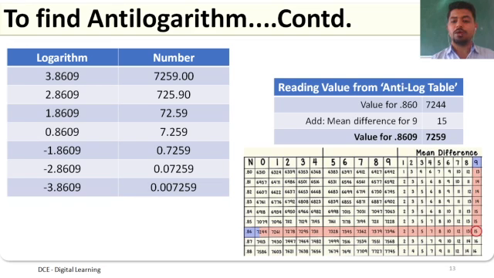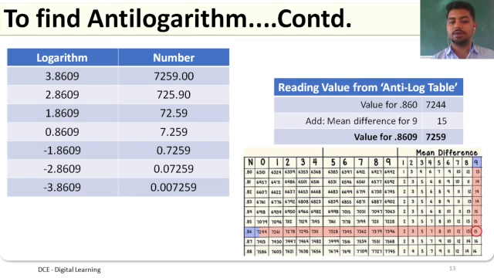So this is the antilog value for 3 figures. To this value add the mean difference for the fourth digit. The fourth digit is 9. So in the 0.86 row, the mean difference value for the column headed by 9 is 15. So add this 15 to the value arrived at using 3 digits.